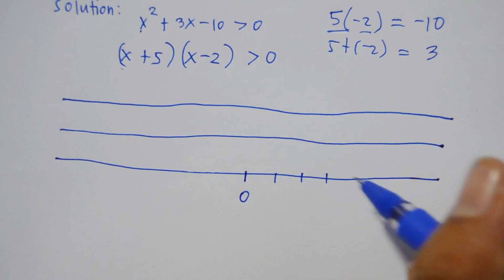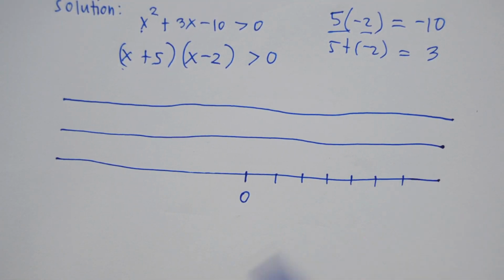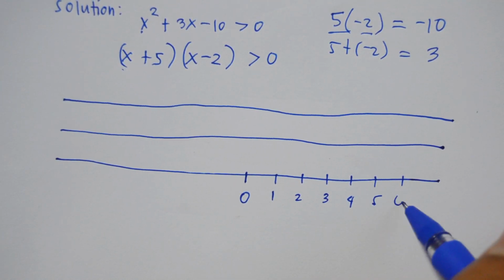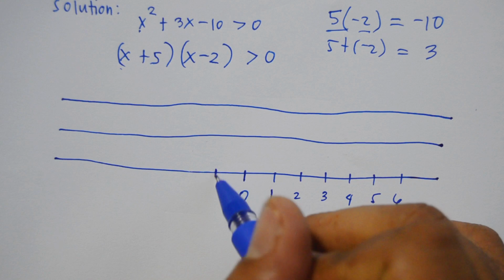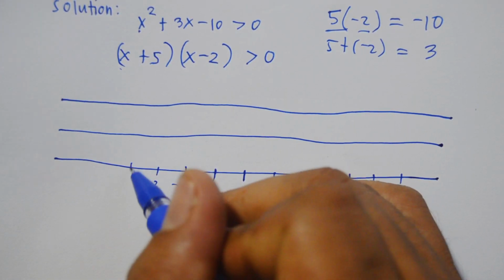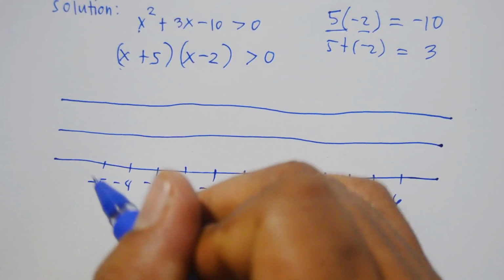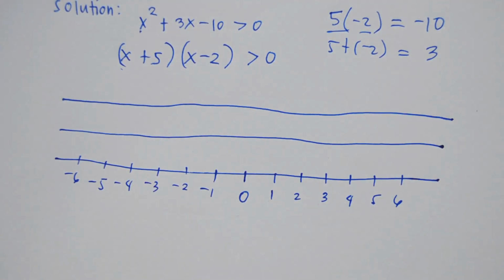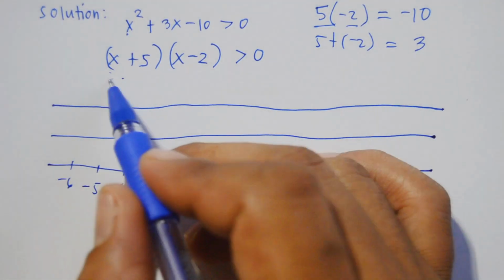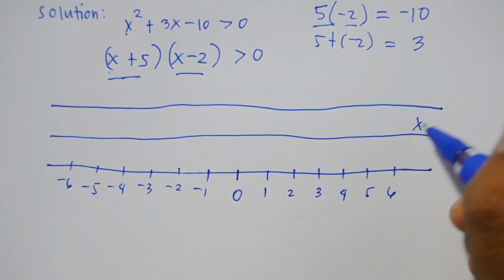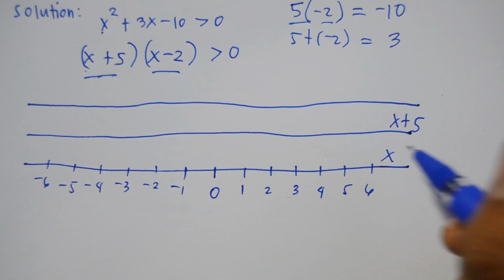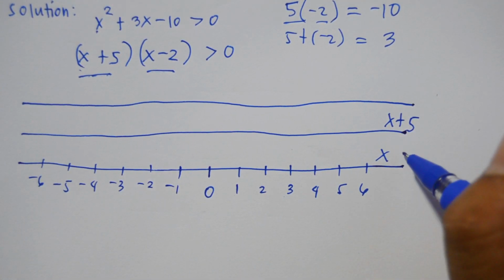The right side of 0 are positive numbers: 1, 2, 3, 4, 5, 6. The left side is negative 1, negative 2, negative 3, negative 4, negative 5, negative 6. Then we write the factors on the right side of our number line, which are x plus 5 and x minus 2, in the space of our three horizontal lines.